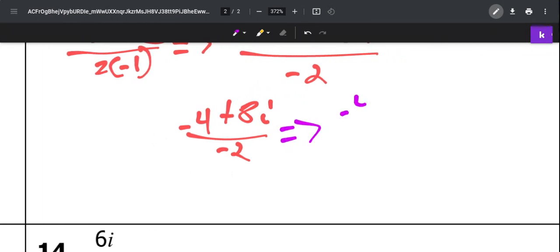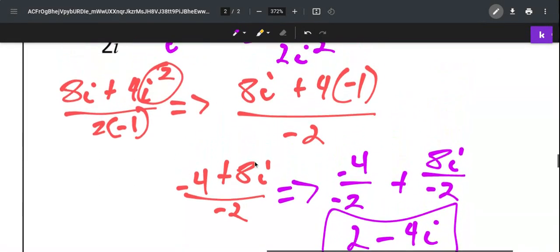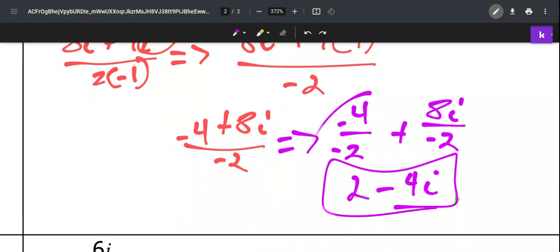It looks like negative 4 over negative 2 plus 8I over negative 2. So if we want to reduce this, we have to split it up this way. So that would give me 2 minus 4I. And you will have to reduce these. So pay attention to if you can reduce this. The best way to do it is split it up.